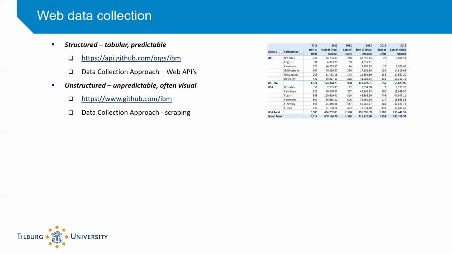An Excel sheet has column headers that define what each column contains, and it also has row headers, which tell you what each row should contain. Each cell in an Excel sheet is well identified, and you know what it actually means. The column headers and the row headers together are referred to as metadata, or data about the data itself. So structured data has metadata, and it is tabular and predictable.